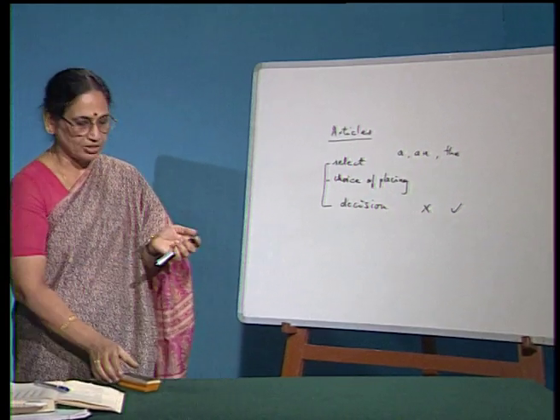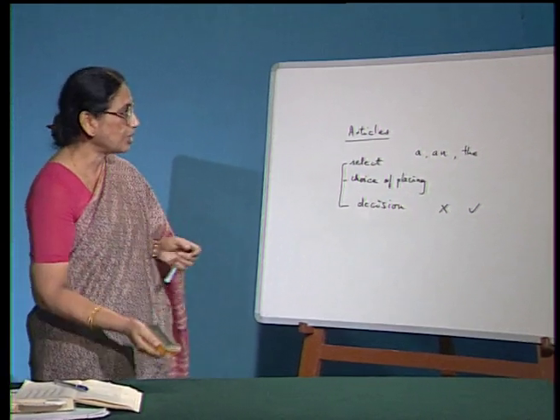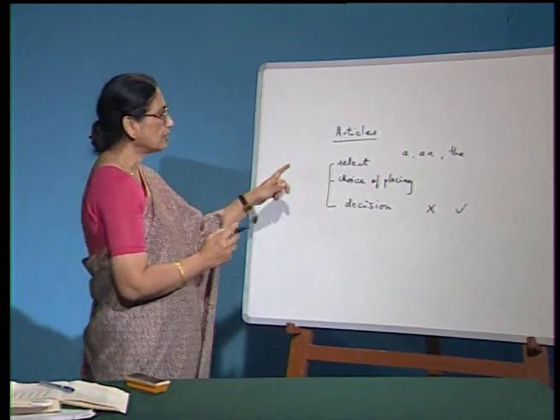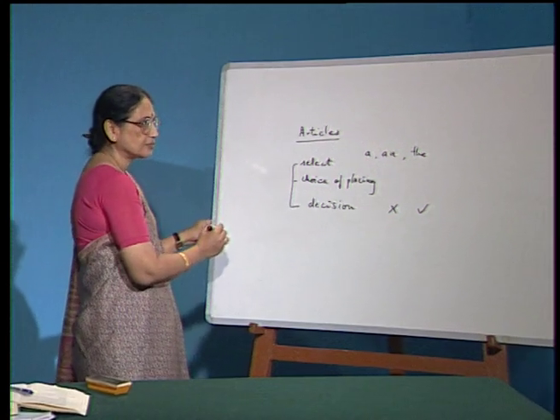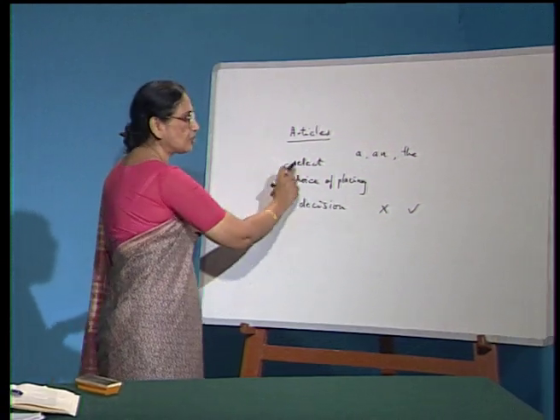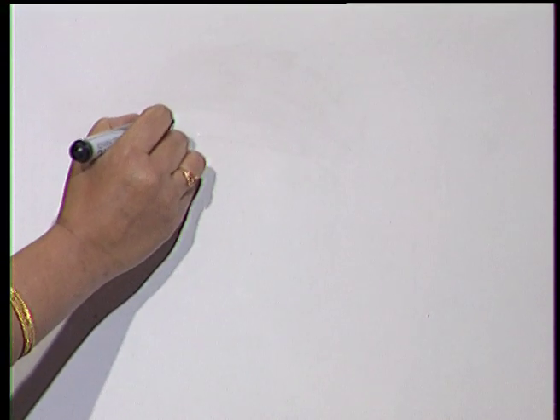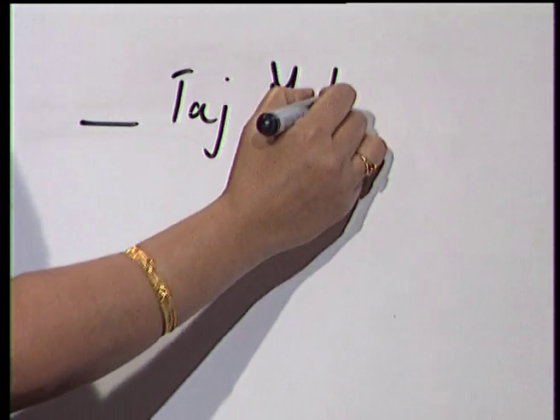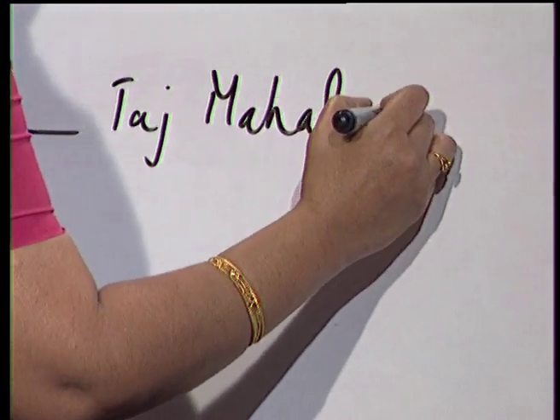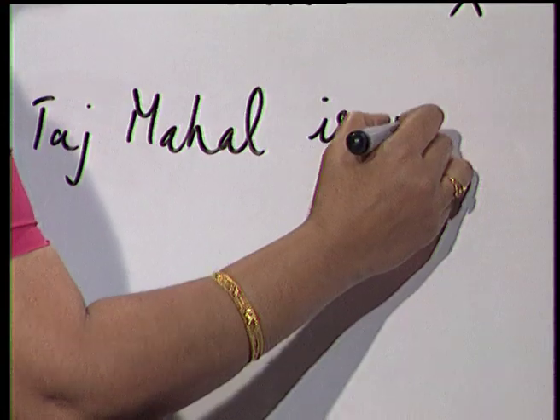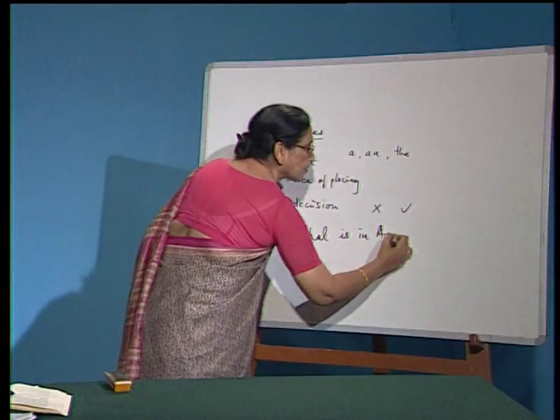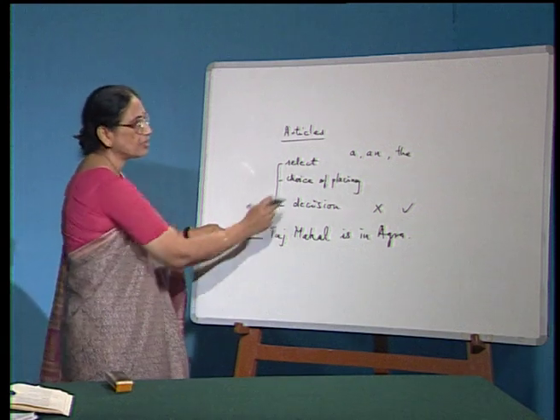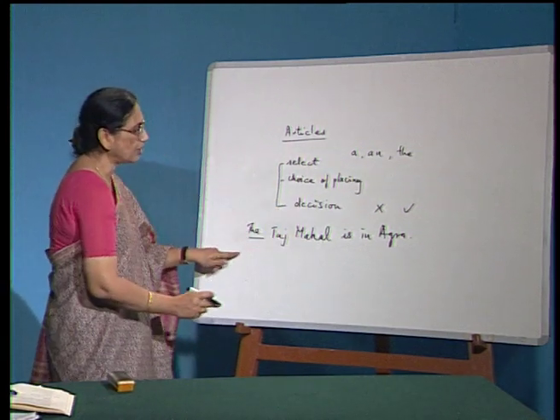Let us look at some sentences. Instead of just telling you about them, let me show you this in a few sentences. Let us take the selection of the article. The Taj Mahal is in Agra. Here, what we have done is we have selected one of the three articles.